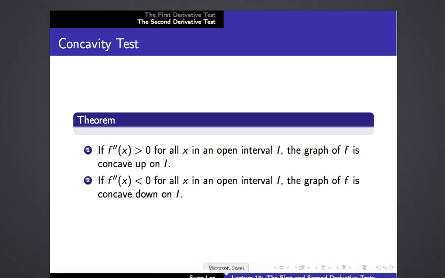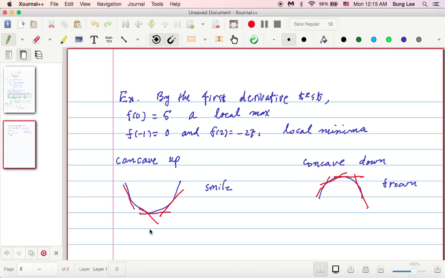The simple picture I showed you earlier actually explains this. As you can see, in this case that's concave up. So let's see what happens to the slope of the tangent line. As you can see, the slope of the tangent line is increasing.